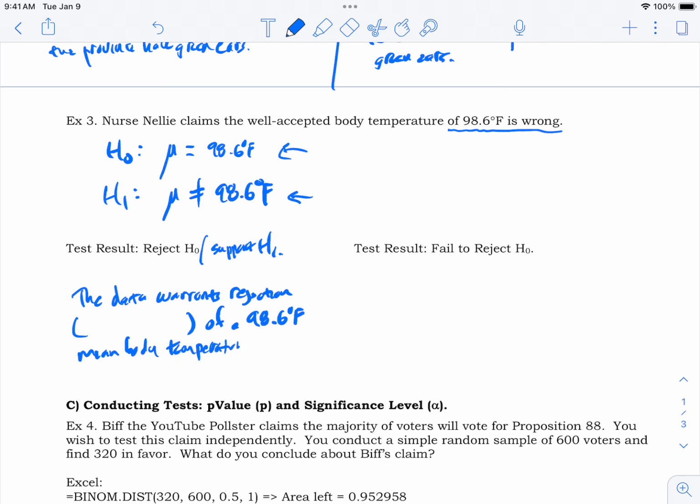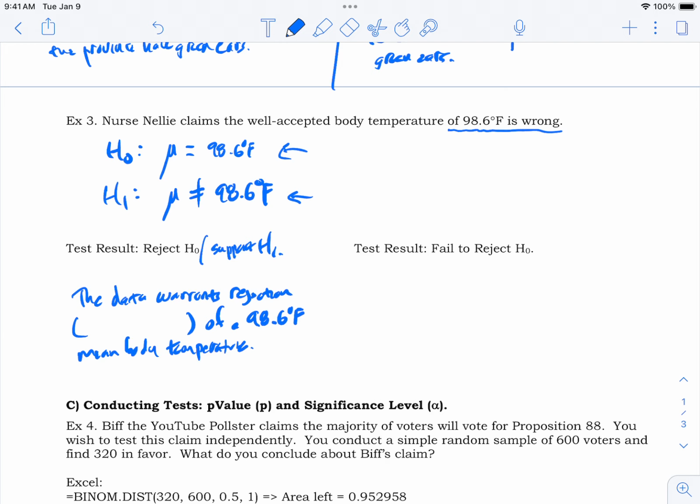Doesn't that say it a little more strongly? The data warrants rejection. No, it's not 98.6. That's better than saying it supports the claim that it's different. That doesn't sound like it would win a debate. You want to win a debate? Rejection, rejected. It's not 98.6.